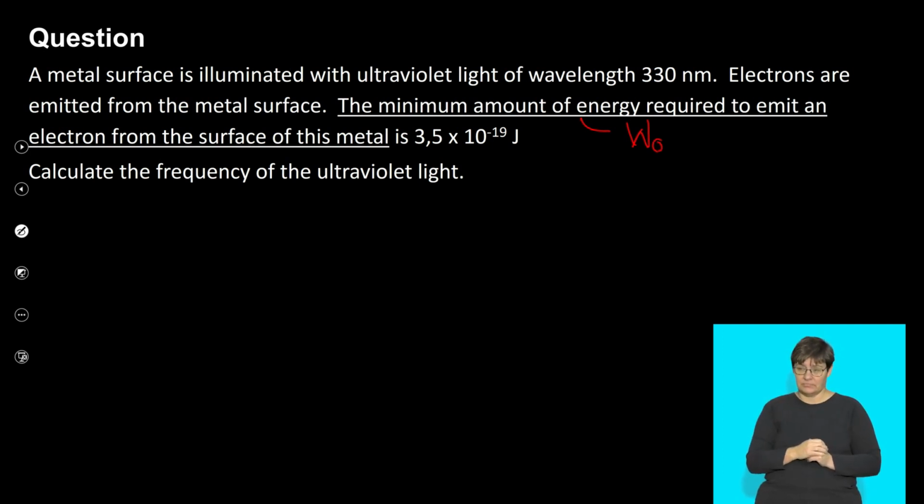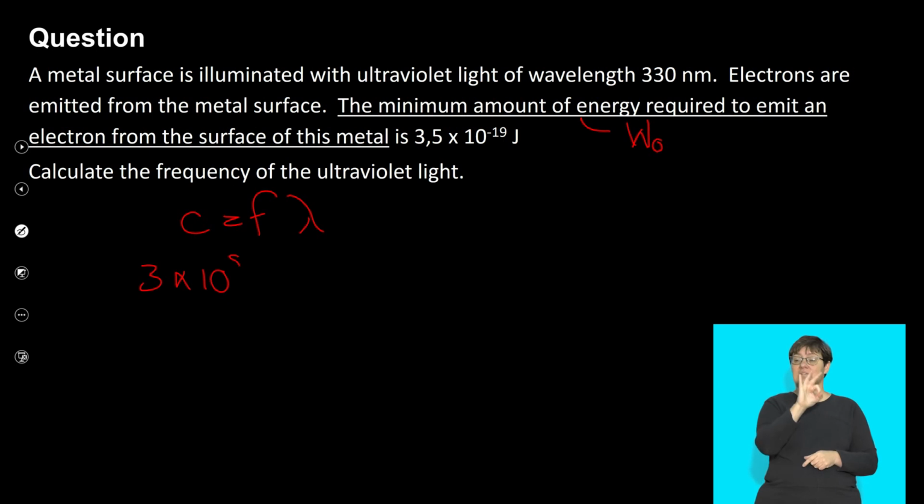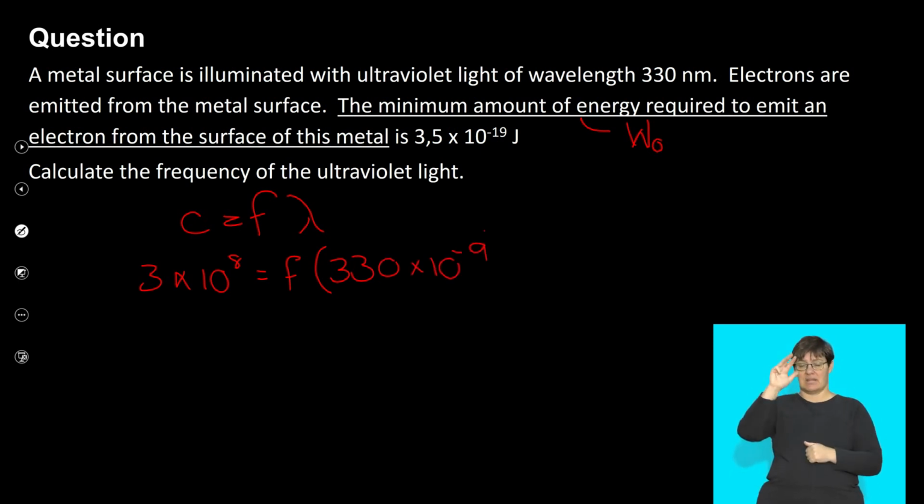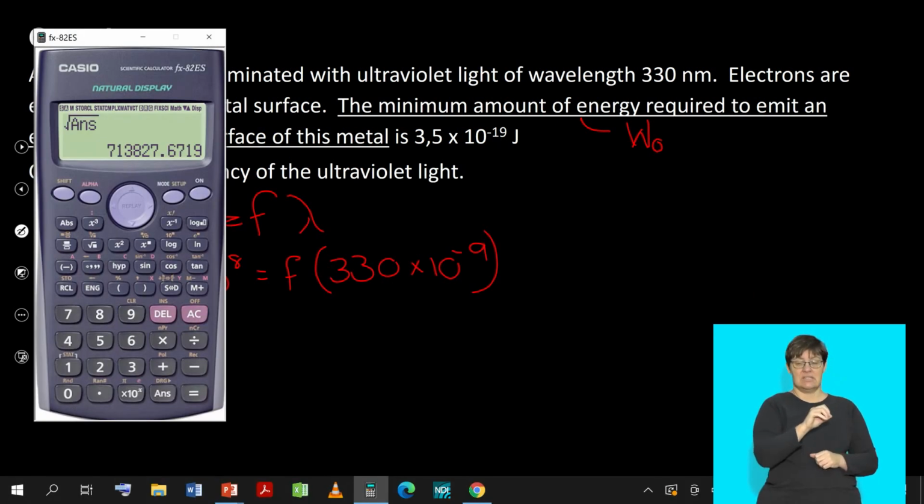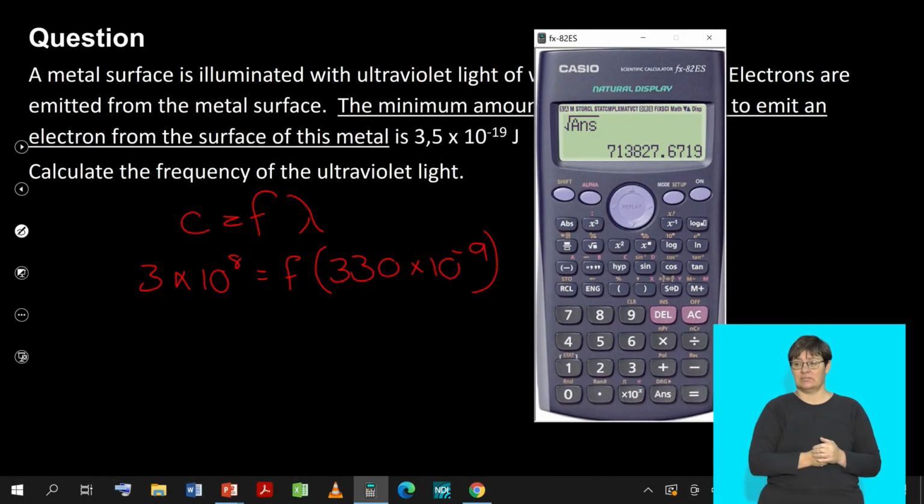First thing they want is the frequency, so c equals f lambda. c is 3 times 10 to the 8. We've just done the conversion, so 330 times 10 to the minus 9. We're going to divide by 330 on both sides. Let's do it here so you can still see the question.